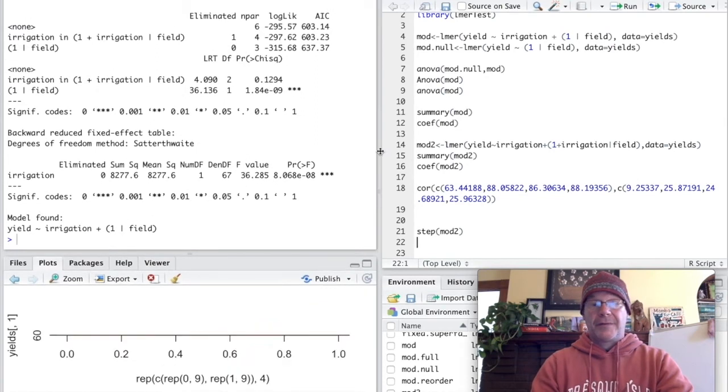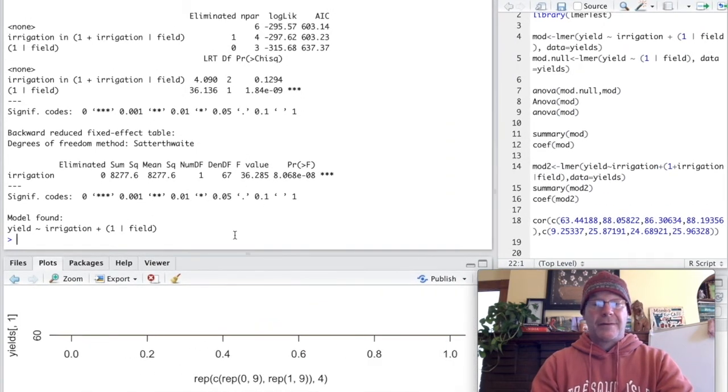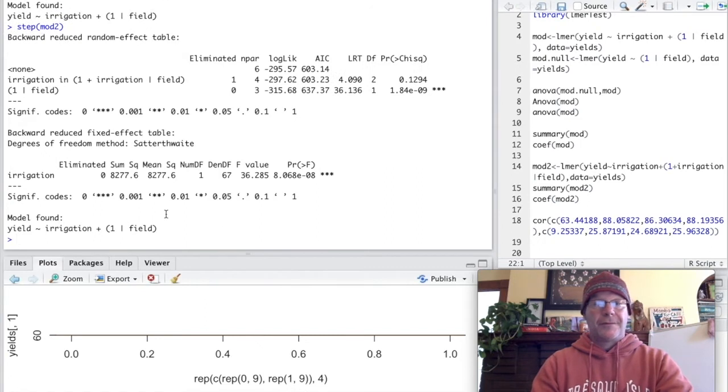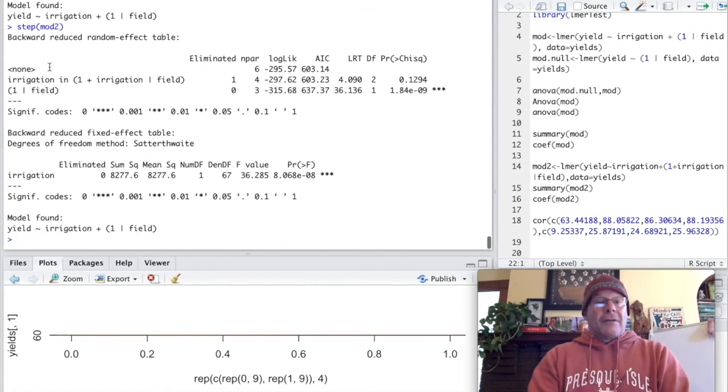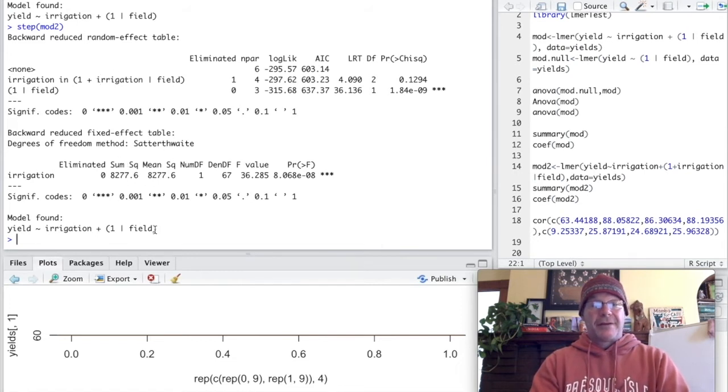Let me open this up so we can see it a little bit better. First, it's settling on what the appropriate error structure should be, and then it's dealing with what the appropriate fixed effects should be, and it's settling on this model, which is the same model we were playing with before.